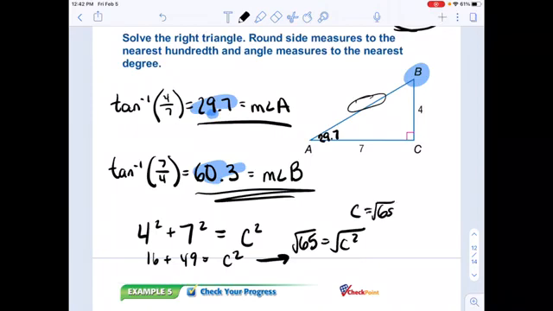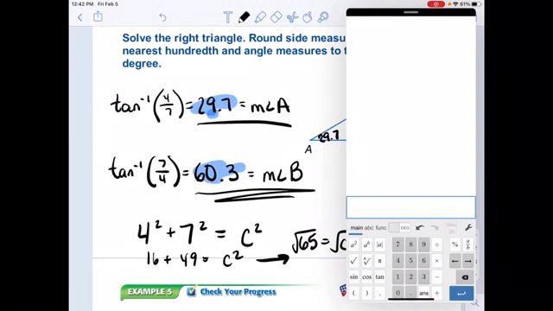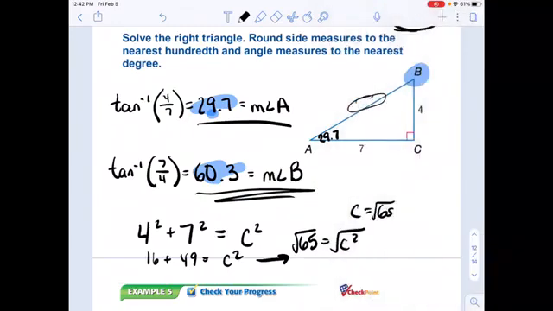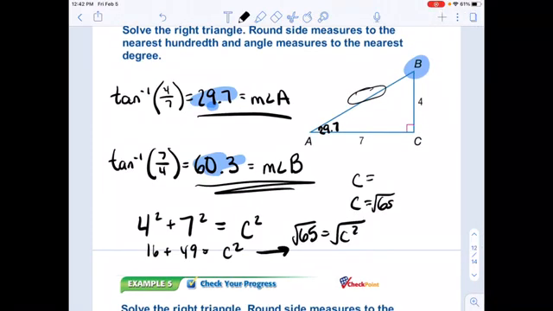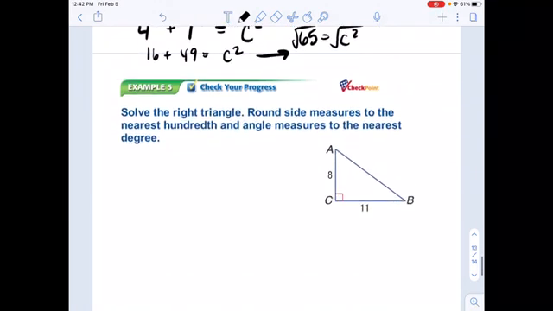So c is equal to the square root of 65. Let's pull this up. And we get this, we need to round it to the nearest hundredth, so 8.06. Is what the length of AB is. So I'm actually going to mark this instead of C. I'm going to mark it AB for that segment. All right, and that is how you solve the triangle.